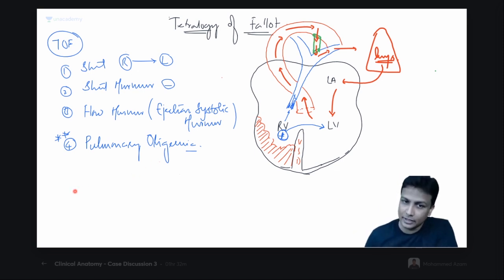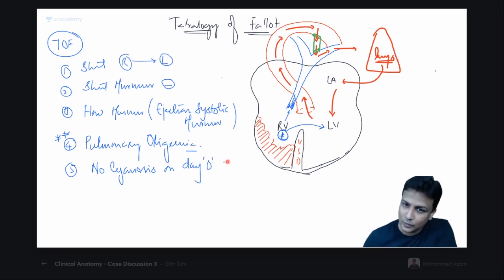So let us write it here. Note down point number 5. There'll be no cyanosis on day 0. And if someone asks you the reason why there is no cyanosis on day 0, it is due to the presence of ductus arteriosus. Lovely.